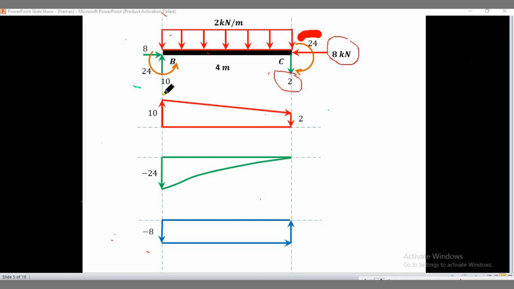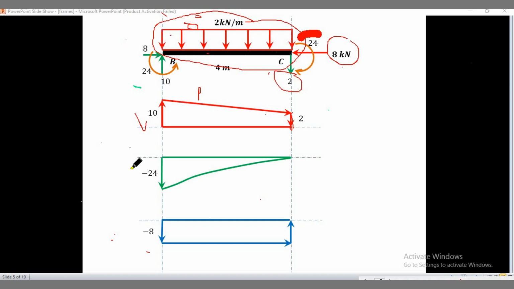Then, pataas si 10, there is a uniformly distributed load. Since this is a 0-degree curve, pagdating kay shear diagram, magiging 1-degree curve. Then, 2, may 2 na pababa, so magsi-0. Always start with 0 and with 0.